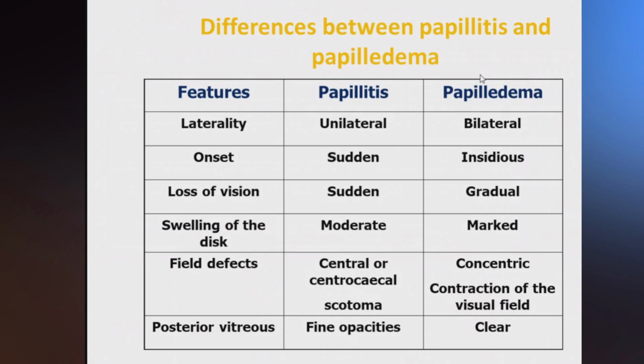In severe papillitis, in the vitreous body, we can see opacities, inflammatory cells, but in papilla edema, the vitreous body will be clear. So rather often we see such patients, and rather often we have to make this differentiation. And I hope this chart will help you to make a proper diagnosis.